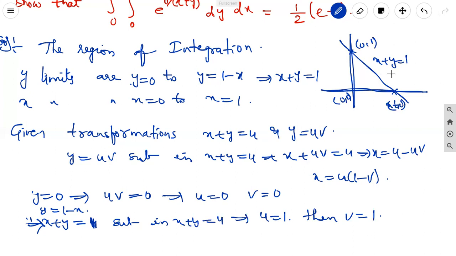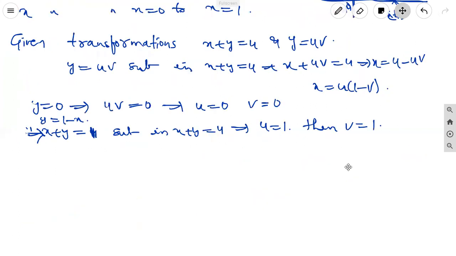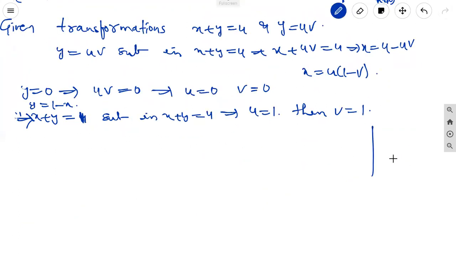It is the x plus y equal to 1. This is the region. And the uv means here u and v are the limits of 0 and 1. Here u equal to 1 comma 0, v is 1 comma 0, and u and v both intersect at 1 comma 1. It is the transformation of the region.